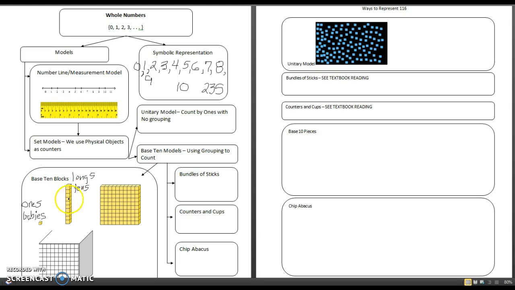If you take 10 of these longs and you put them together side by side, then you have a combination of 100 of these units. So you have 100 units or 10 tens, and of course that is your hundreds.